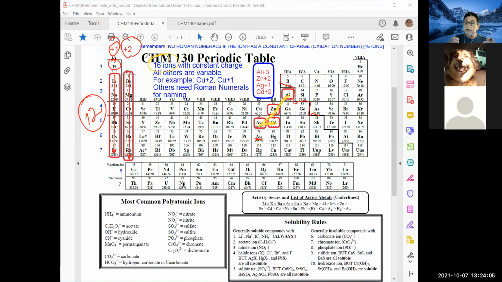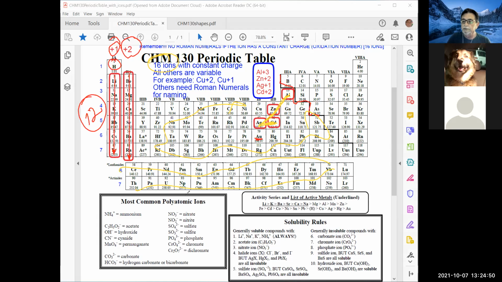That's important because earlier, when I talked about copper, I used Roman numerals for copper 1 and copper 2 to distinguish the two. For the sweet 16, we never use Roman numerals. All the other metals would use Roman numerals to tell us what charge they have. Everybody else uses Roman numerals except those sweet 16.